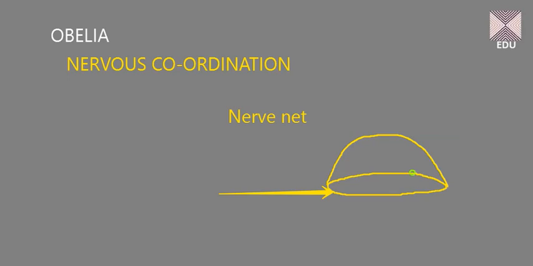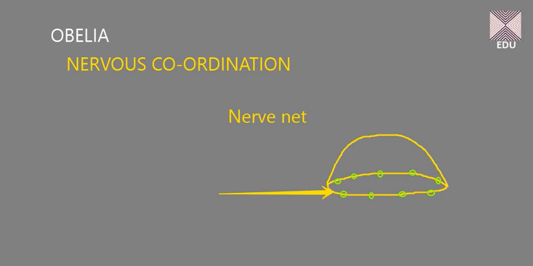So here we have got the adradii statocysts, which we have discussed earlier. So these are total 8 in number. So these are the statocysts. So these are functioning for equilibrium, and these 2 circular nerve rings are coordinating their function.